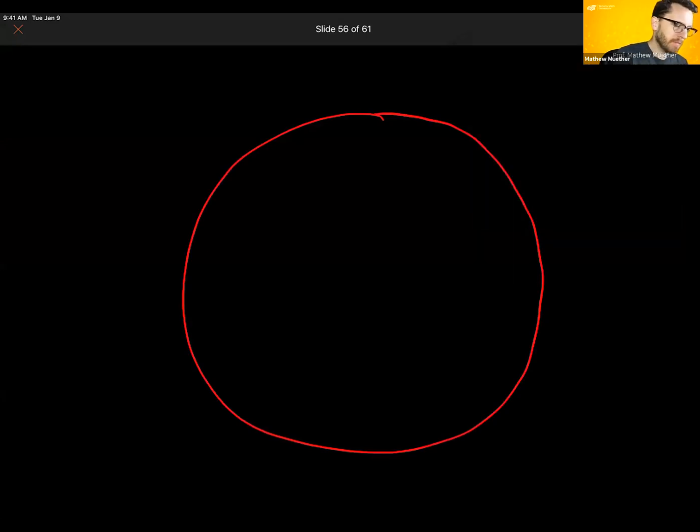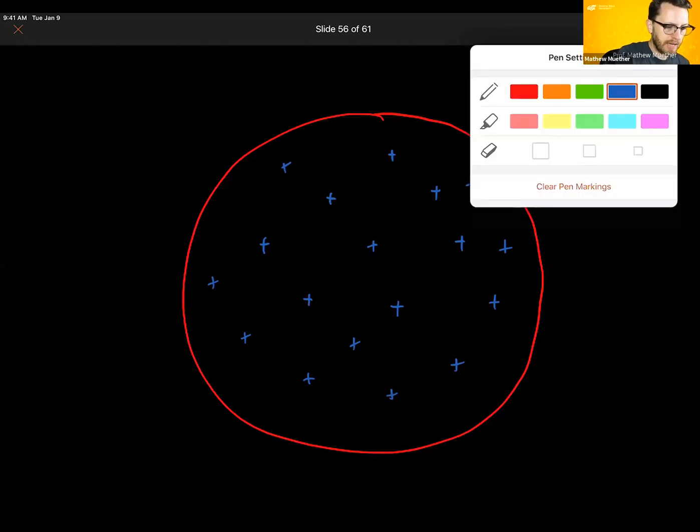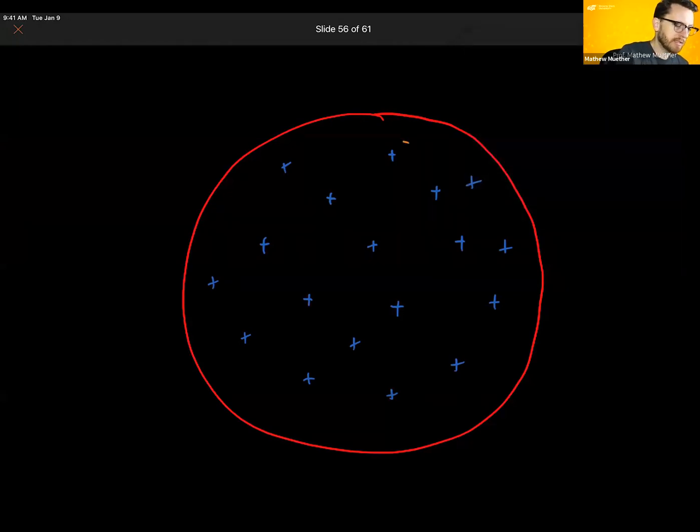Really the conductor starts as some neutral object, so we know it's made out of atoms. Let's see if we can explain this a little more concretely. There's a bunch of positively charged nuclei sitting on this thing, and then there are a bunch of electrons that are free to move, uniformly distributed throughout this conductor.